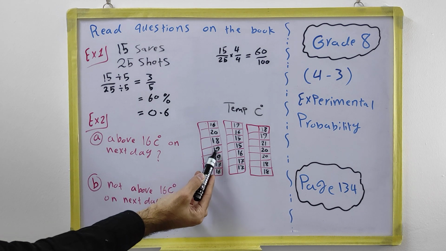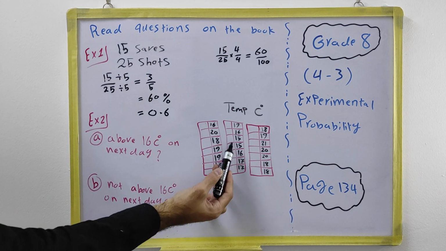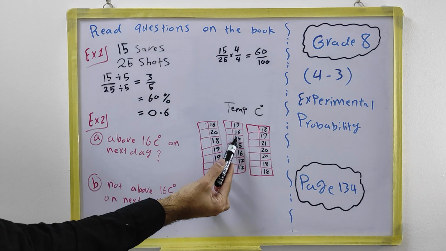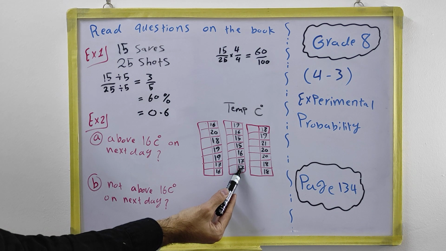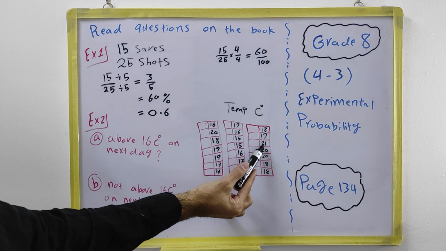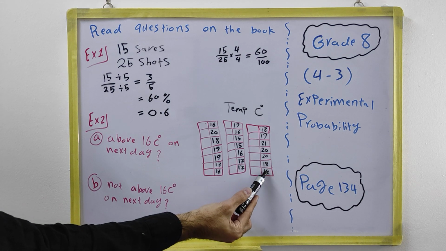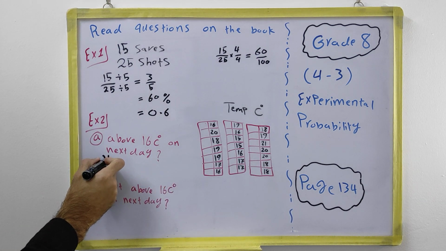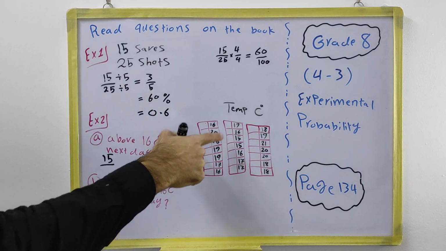Based on that we check how many days we had above 16. 1, 2, 3, 4, 5, 6, 7, 8, 9, 10, 11, 12, 13, 14, 15. We had 15 days when the temperature was above 16, more than 16. 15 days out of how many days?